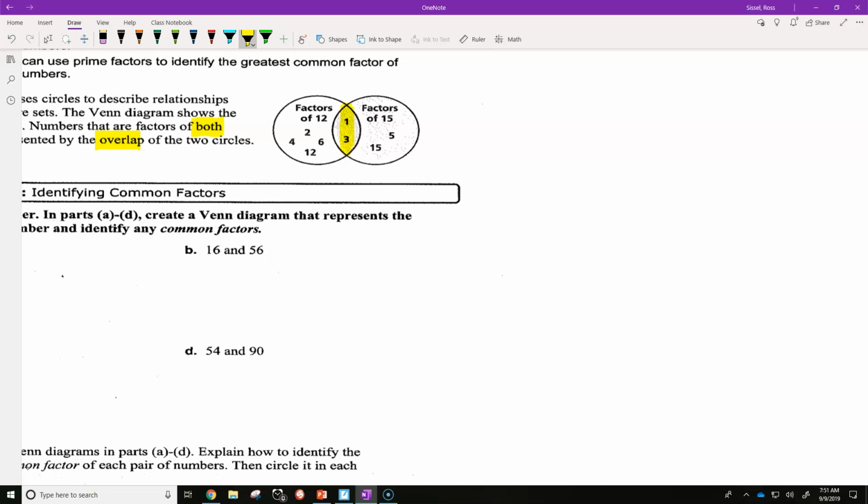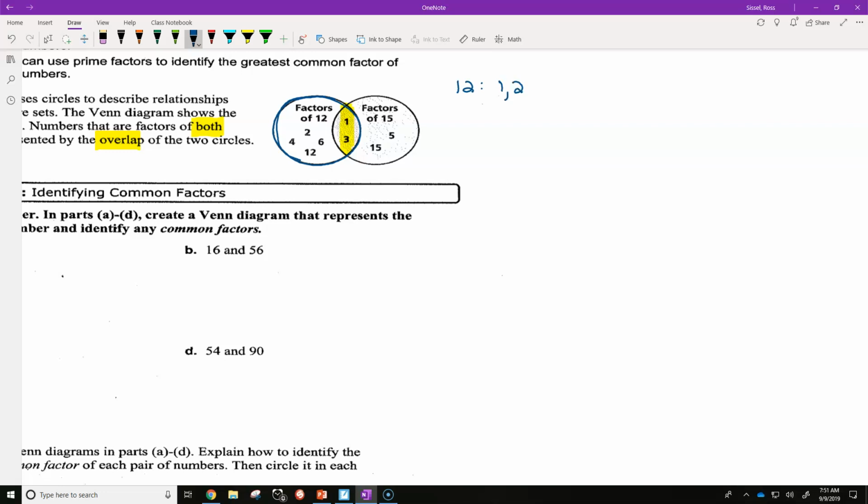We use it in writing, where we are trying to compare two or more sets of data. So the way this worked was, if we were to list the factors of 12, I make a blue circle. Anything that falls inside that circle is a factor of 12. So they said 1, 2, 3, 4, 6, and 12. So I'm just going to write to the side the factors of 12.